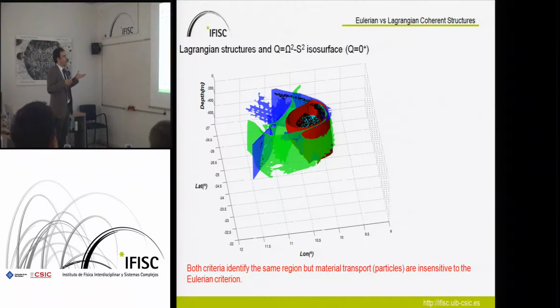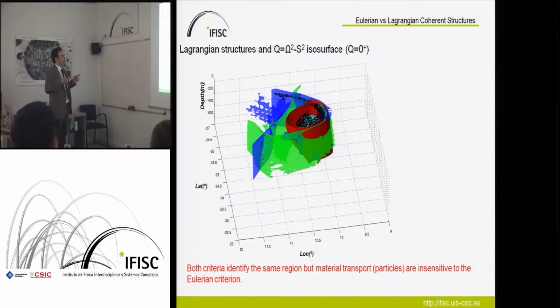So what this means is that both criteria, the Lagrangian coherent structures and also the Q, are identifying the eddy roughly in the same place. But as you can see, these black dots are particles.